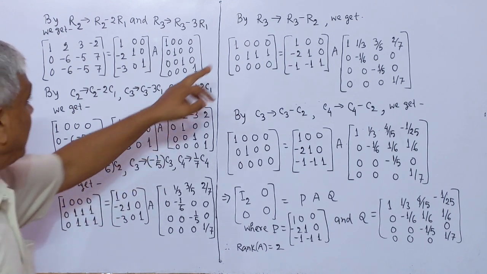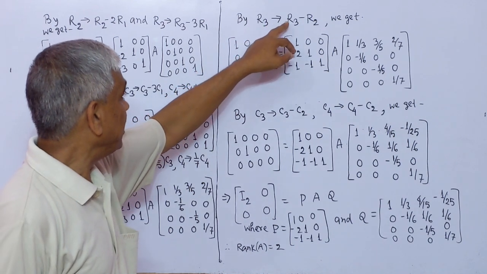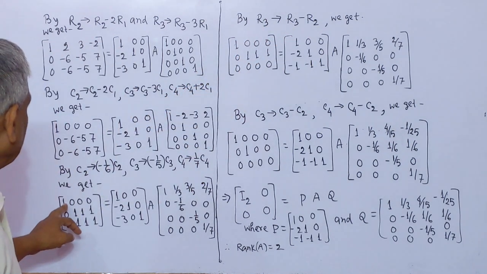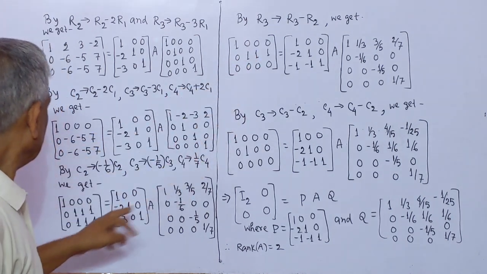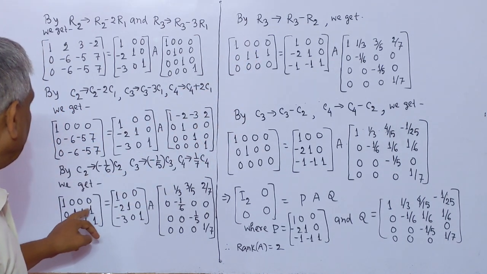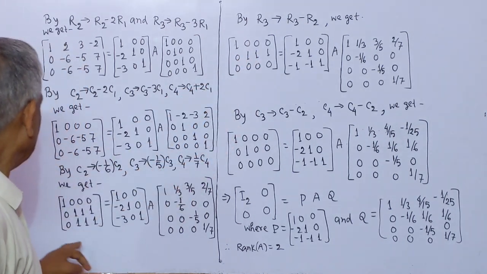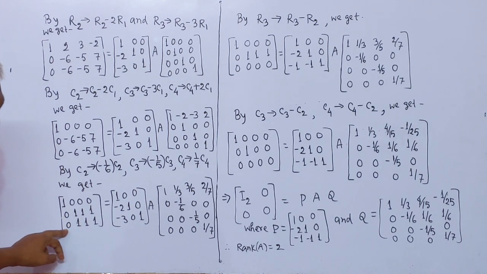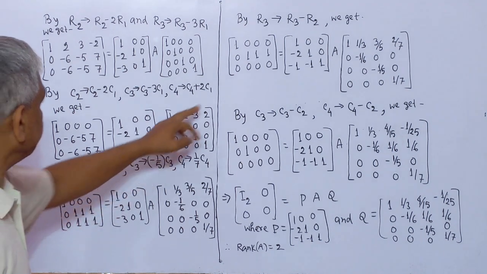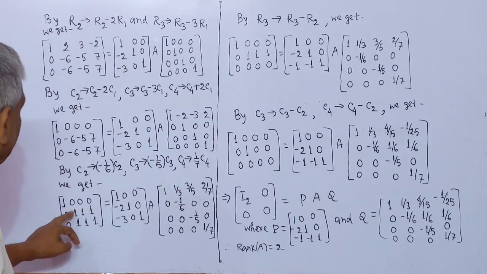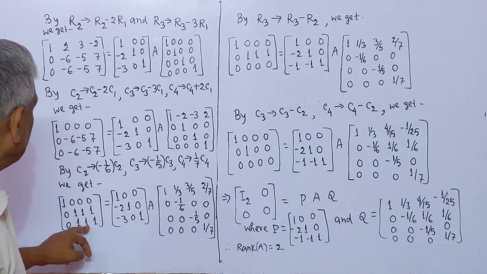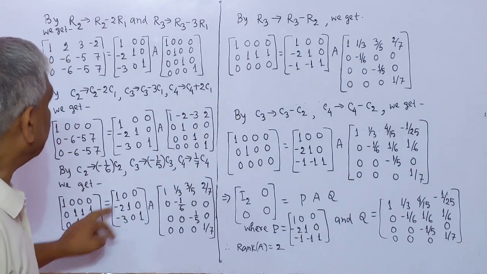So R3 becomes R3 minus R2. So we write 1 0 0, here 0 1 1 1, and here 0 minus 0, 0 minus 0 0, here 1 minus 1 0, here 1 minus 1 0, here 1 minus 1 0.